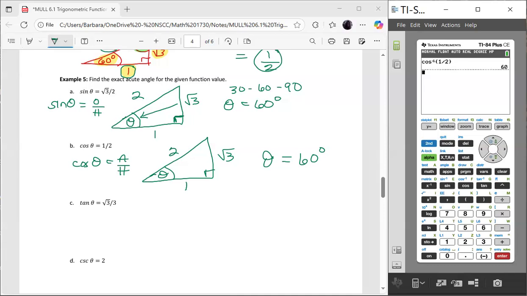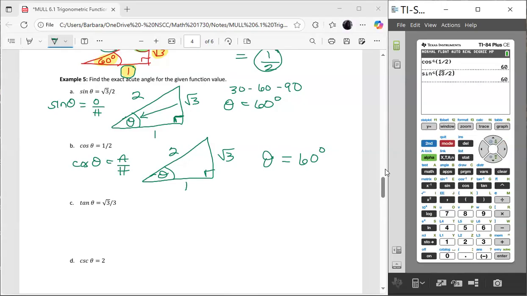If you wanted to check part A, we have the inverse sine of square root of 3 divided by 2, and we have 60 degrees. If you want to express the angle in degrees, make sure you put the mode in degrees, where it says radian or degrees. We'll be switching back and forth in this class, but for this exercise, we have it in degrees.